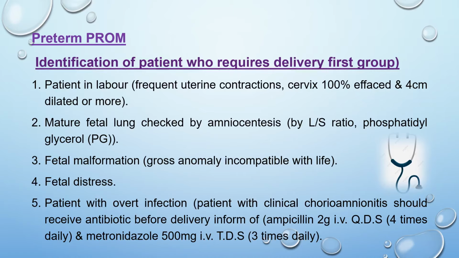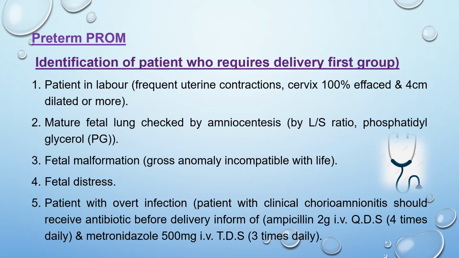Fetal malformation, gross anomaly incompatible with life. Why you let her? مو ليش تعرفوها؟ هو راح تجيبه راح he will die. Okay, so let her labor start. Fetal distress, he will not be safe in the womb of the mother.